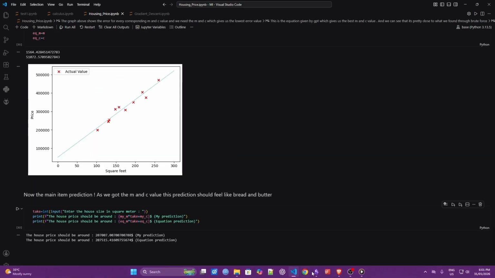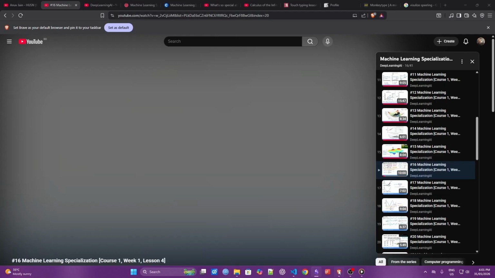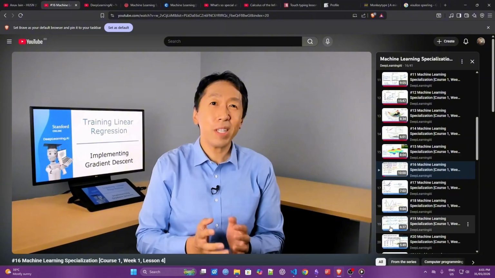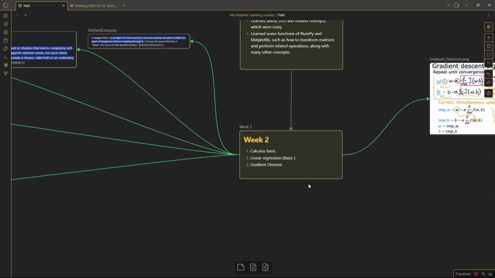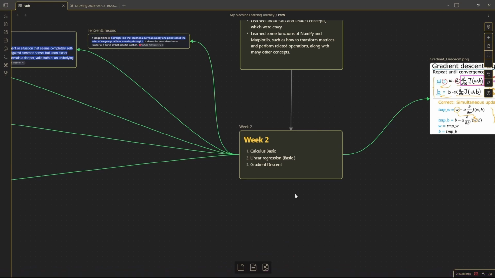After that, the last thing that I learned this week was gradient descent. Now this is very important, as the person in the video I'm currently following said that gradient descent is being used in a lot of models that are currently being used in the world.